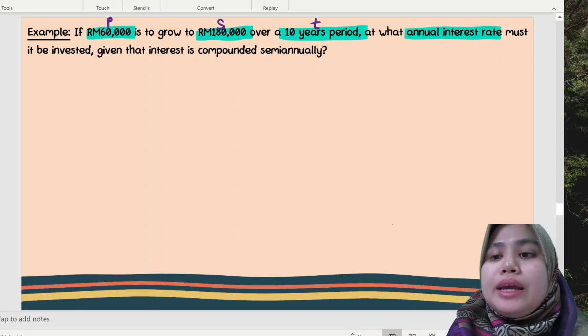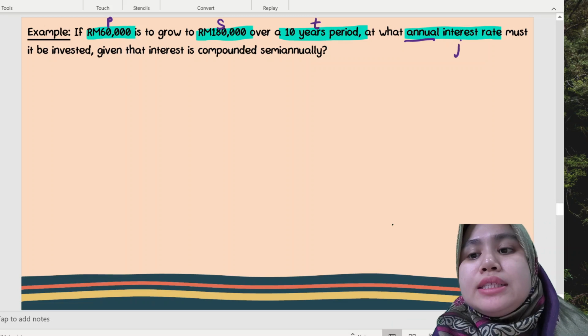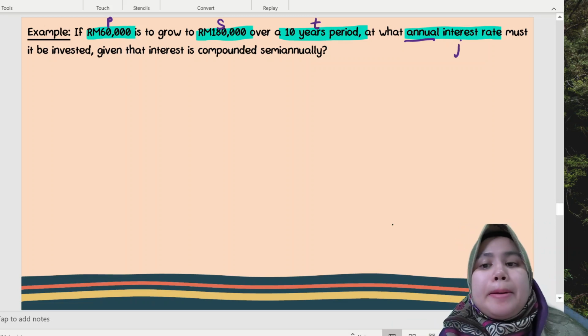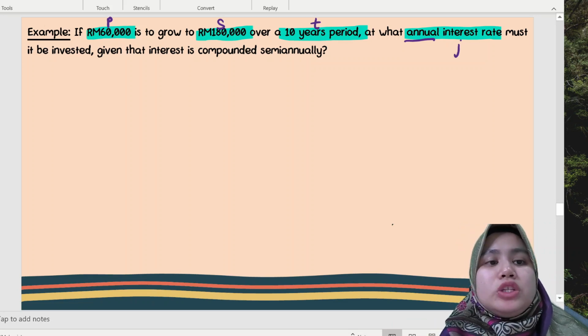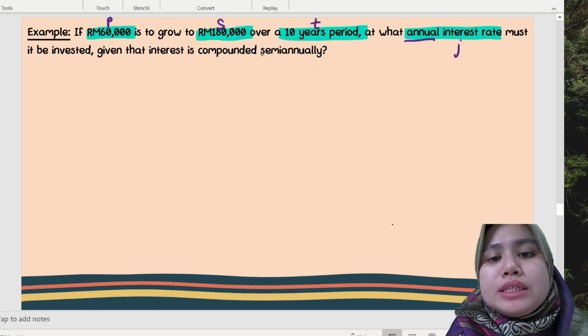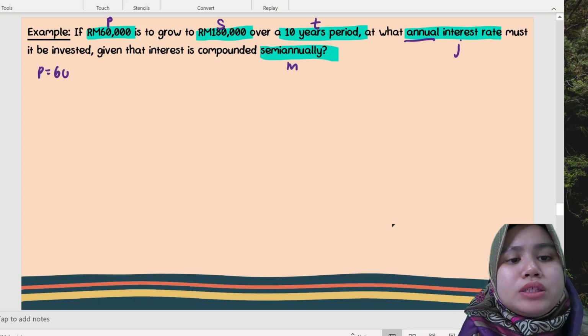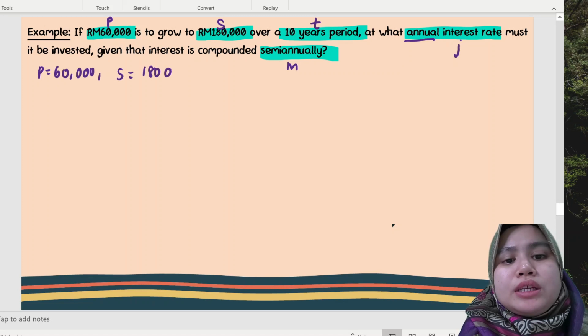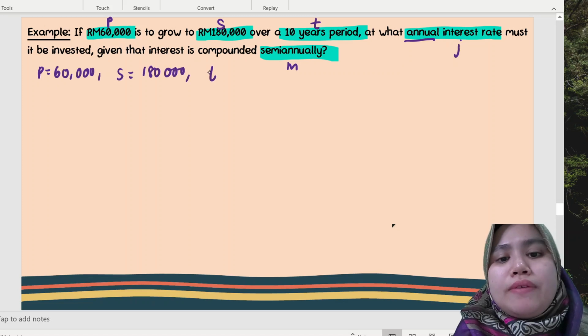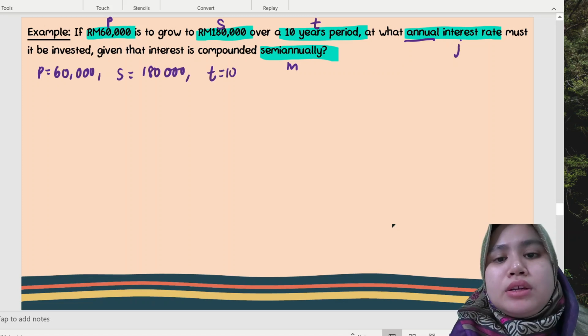You see the word annual here, so this is J. Given the interest is compounded semi-annually, this is your M. So you have P equal to 60,000, S equal to 180,000, T for 10 years, M equal to 2, and what you want to find is J.